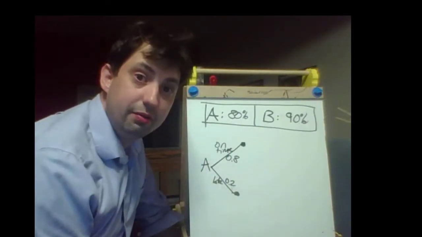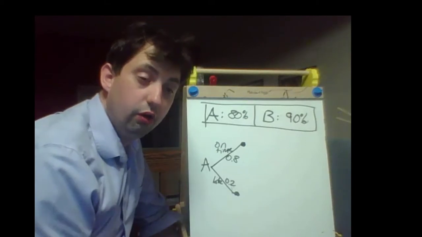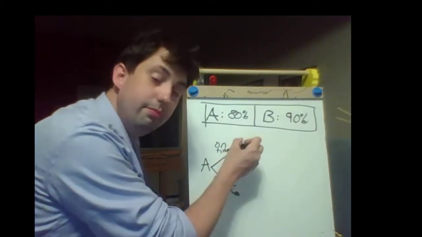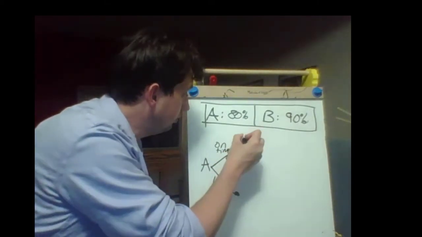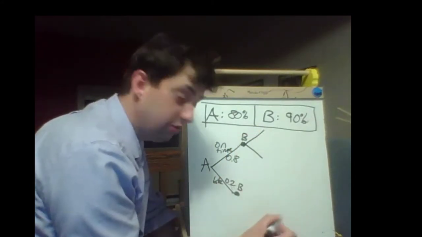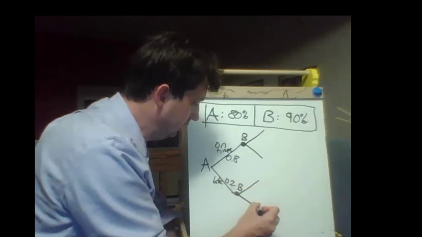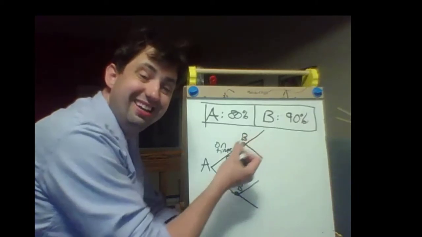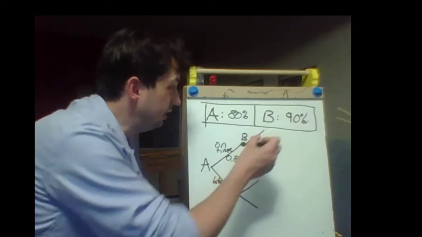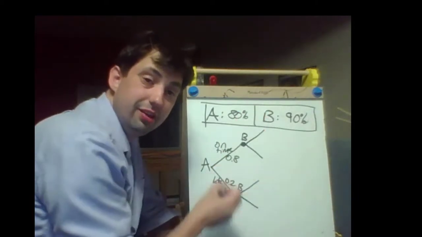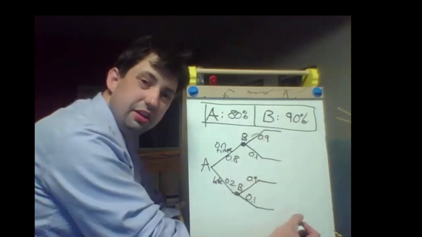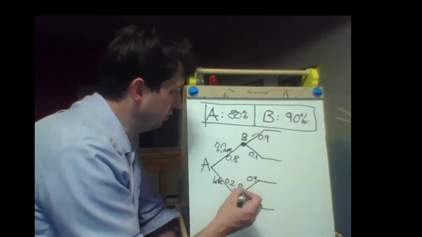From this path, we can then create a new path. If it arrives on time, there are 2 different scenarios. If it is late, there are 2 different scenarios. Because B is independent from A, this will be exactly the same as this. Kind of extending things outward a bit just to make it a little easier to see.